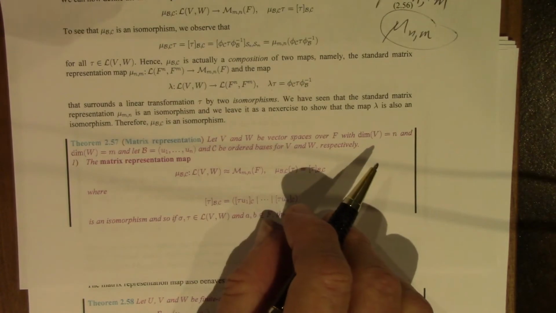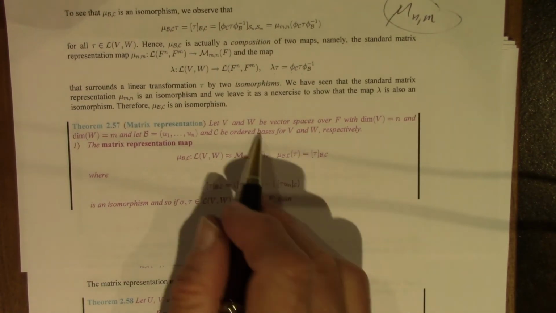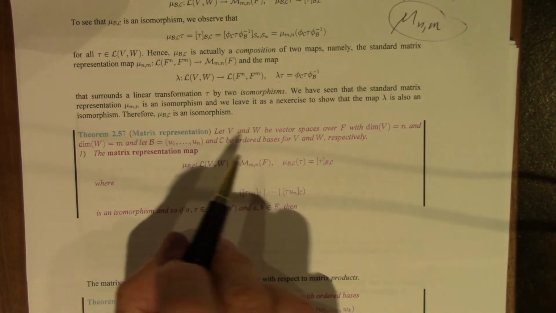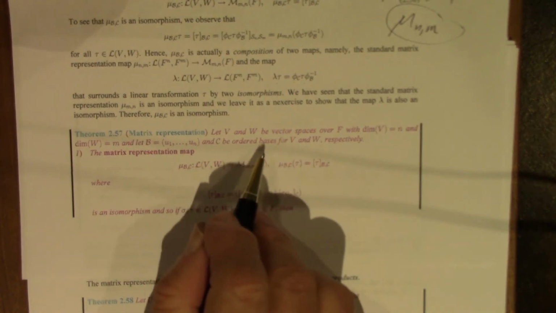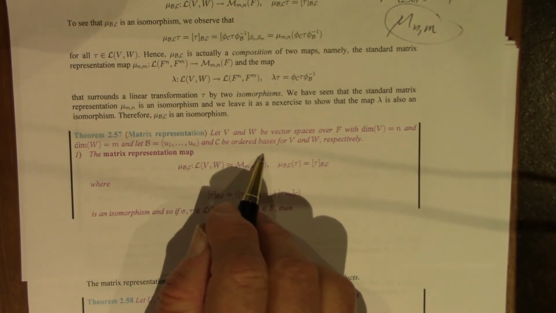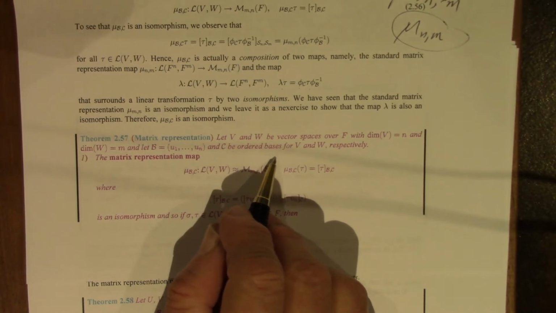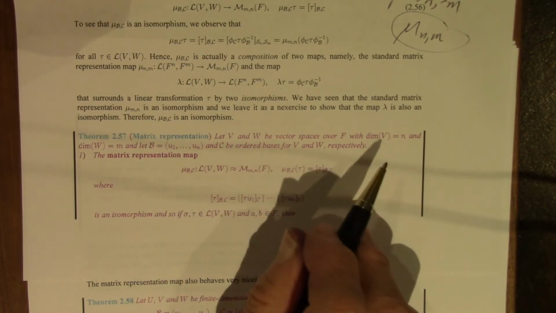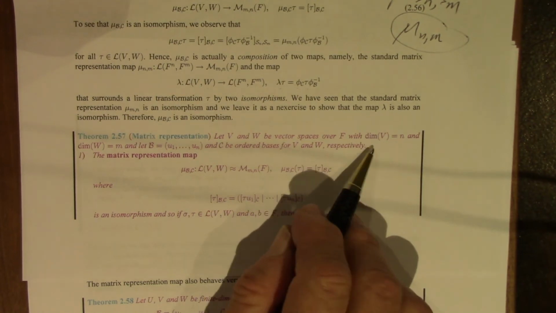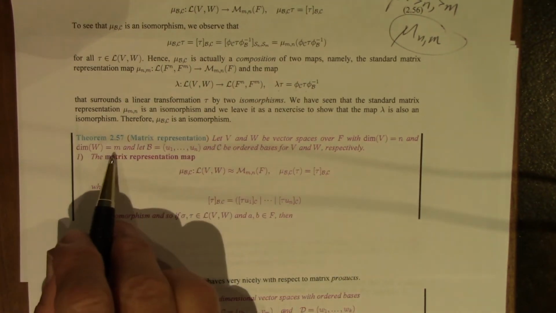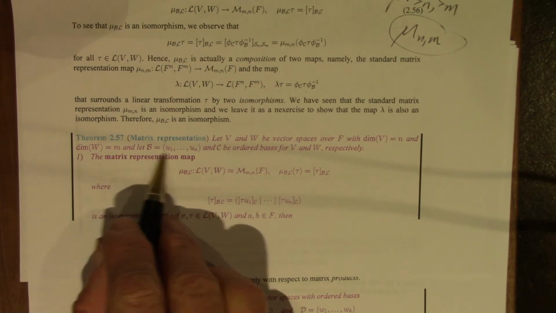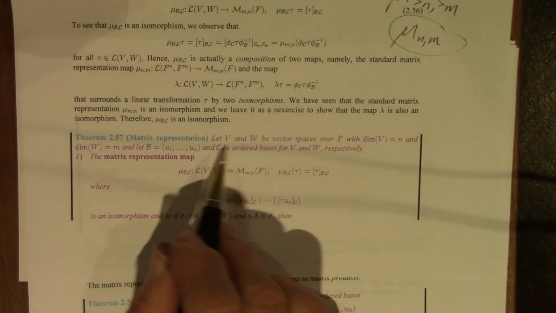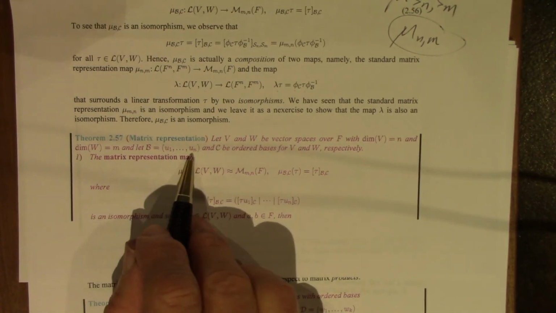So, in summary, just to go over this. This is one of the most important theorems that we have encountered so far. V and W are vector spaces over F. Dimension of V is n, dimension of W is m. B is a basis for V. It's u1 through un.